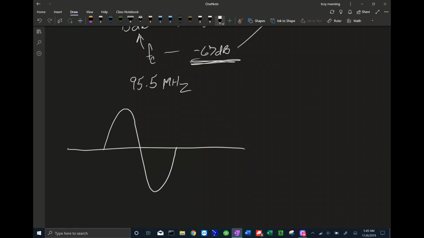So these words over here, megahertz, that has to do with hertz, right? So if we have a 1 hertz signal, that would be one entire cycle per second, right?